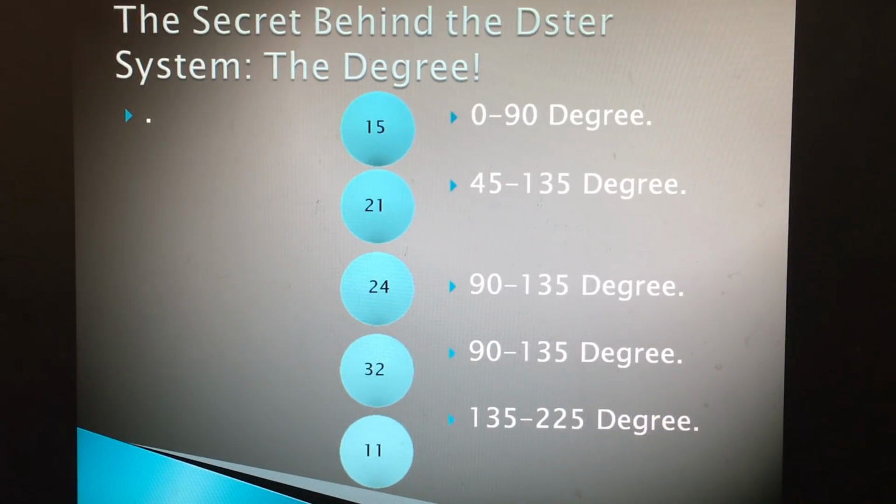And 135 was chosen from 135 to 225 degrees. So that's where our winning numbers were coming from.